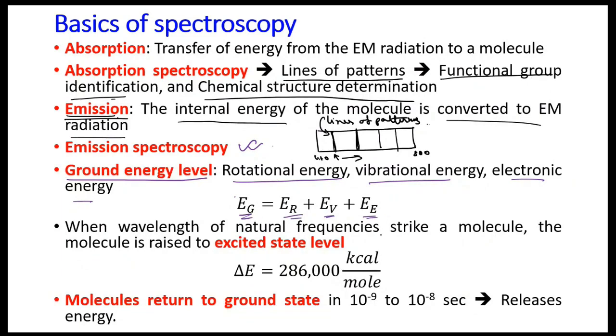When wavelength of natural frequencies strike a molecule, so over here I am saying natural frequencies. Natural frequencies is the frequency where there is a specific liking of the photon by the matter, due to which you are getting these lines of patterns. So when wavelength of natural frequencies strike a molecule, the molecule is then raised to the excited state.